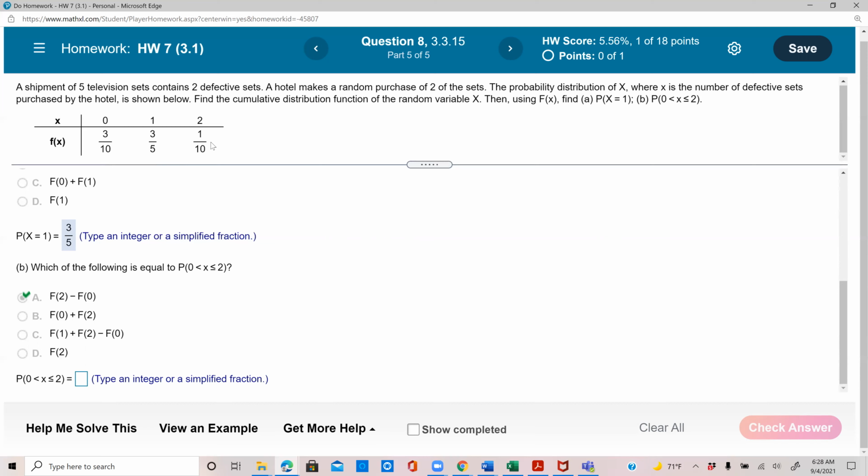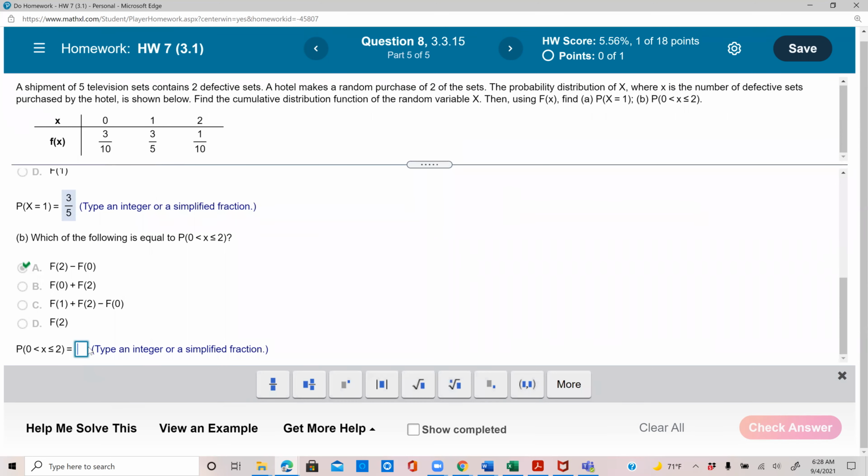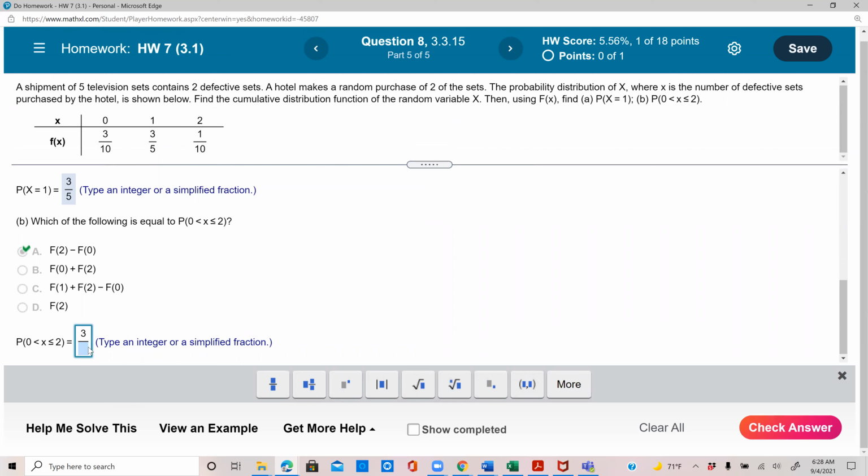So that means 1 and 2. So you do 3/5 plus 1/10. And that would equal, so 3/5 is 0.6, 1/10 is 0.1, so that's 0.7. It should take this one as well.